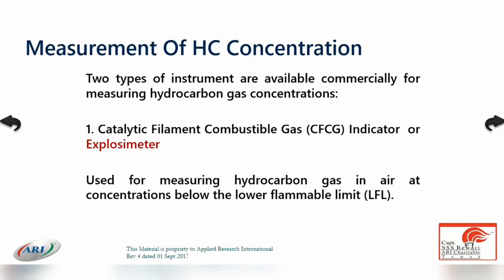The increase in the temperature of the filament corresponds to the percentage of hydrocarbon present in the gas sample in LEL form, and that is measured by the amount of current flowing in the circuit. The same percentage of LEL is shown by the meter.